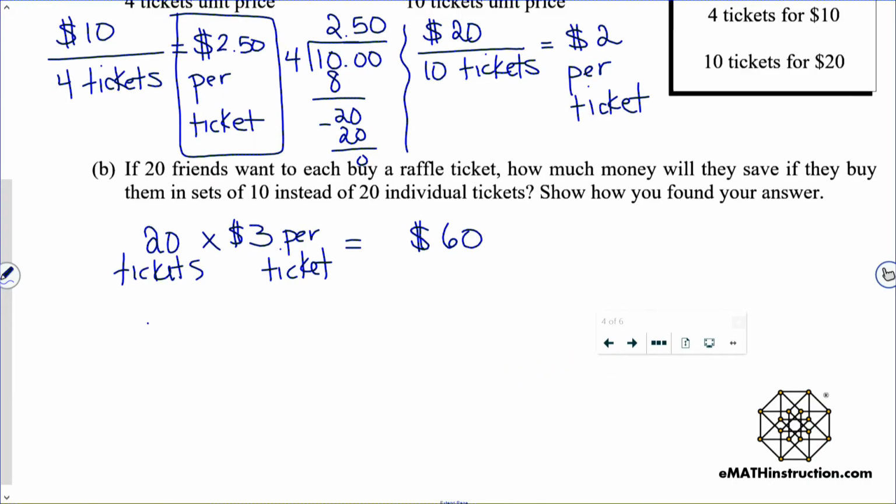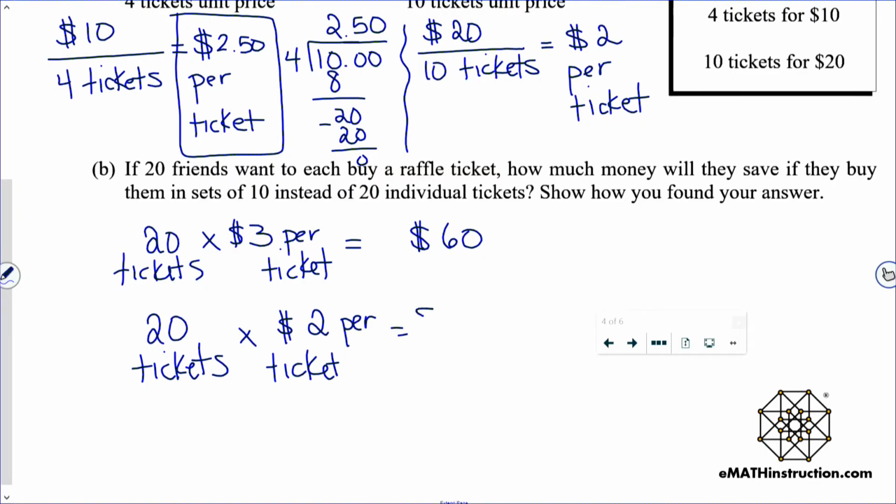On the other hand, at the bulk rate, if you buy 20 tickets and you're spending $2 per ticket, then you only spend $40, which means we will save $20.